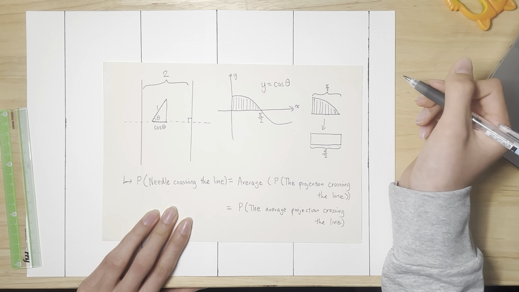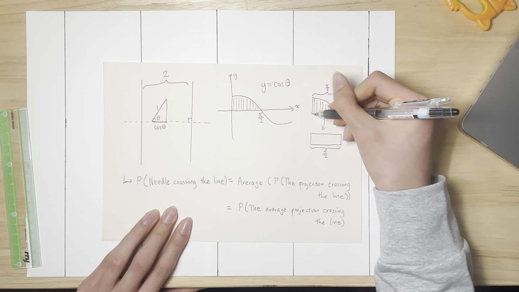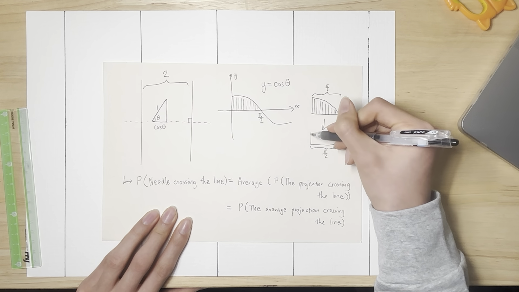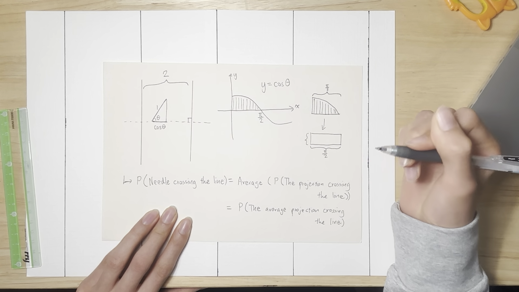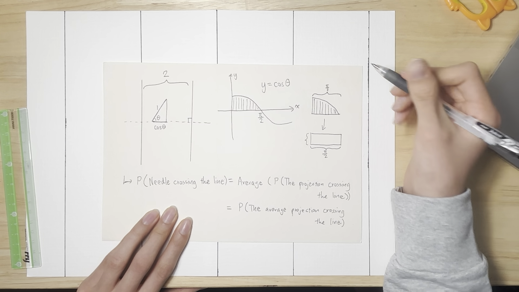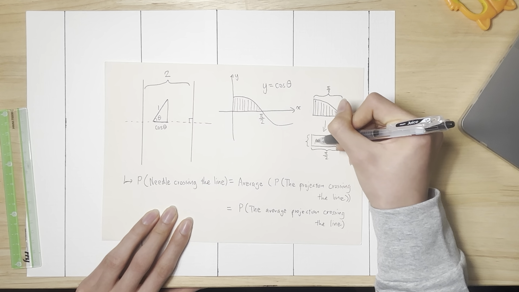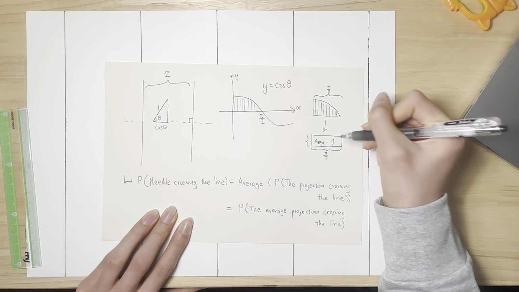So since these areas are all the same and the bottom lengths are all the same, this length will be the average of all the projections, logically. Now, by calculus, we can find that the area of this part is 1. So the area of this part equals 1.